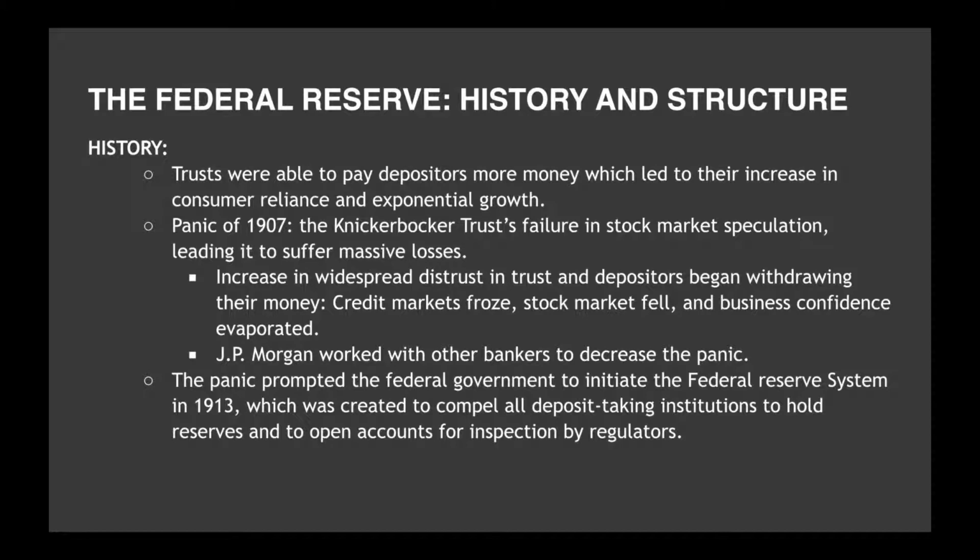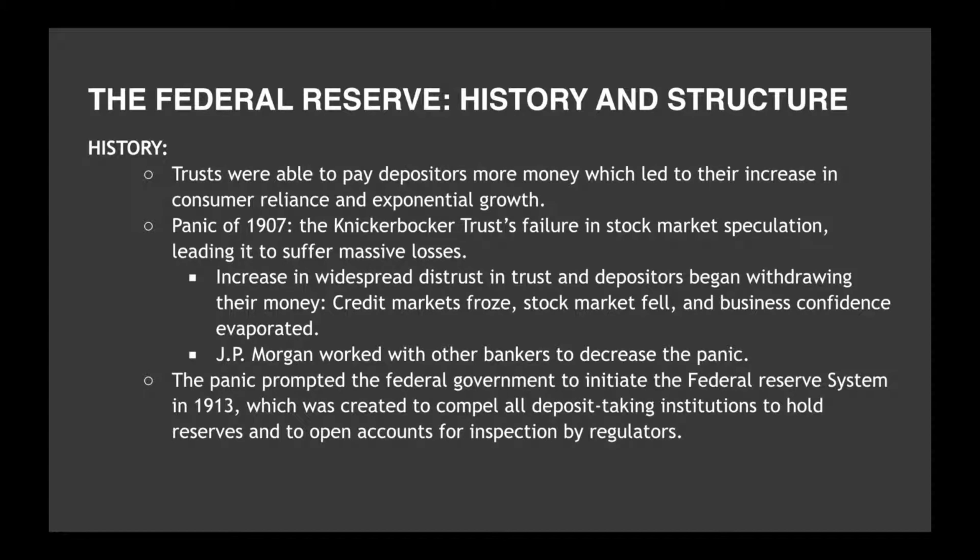But the Panic of 1907 started with the Knickerbocker Trust failure and stock market speculation, leading it to suffer massive losses. Widespread distrust in these trusts increased, and depositors began withdrawing their money. Credit markets froze, stock markets fell, and business confidence evaporated. But J.P. Morgan came to the rescue when he worked with other bankers to decrease the panic.